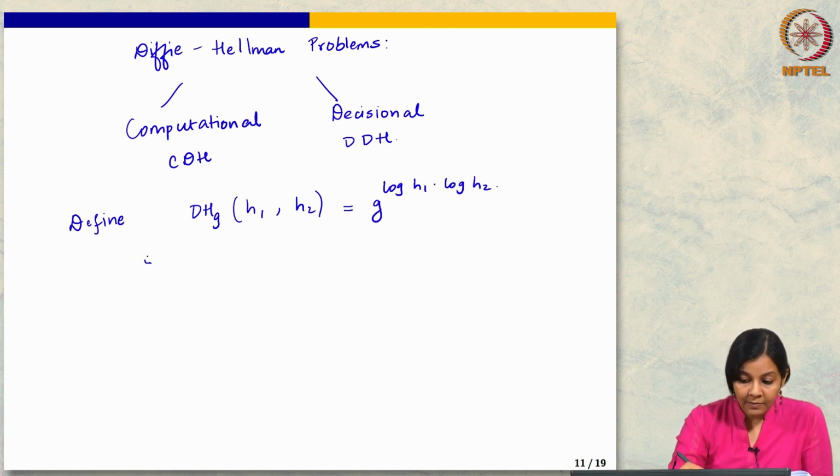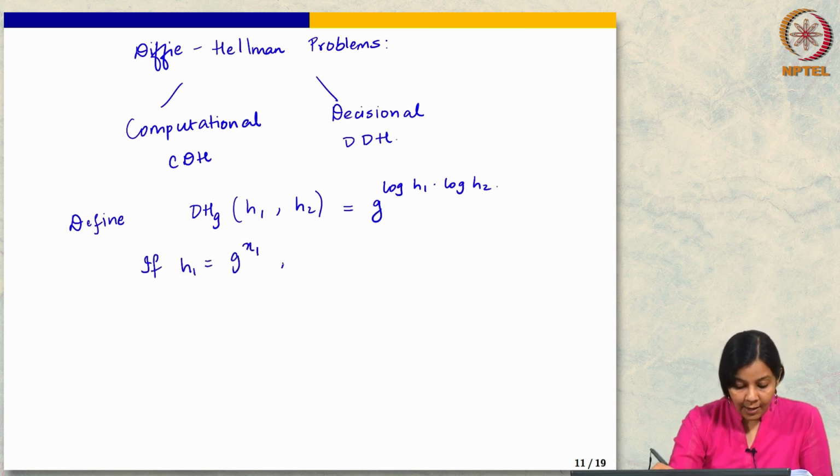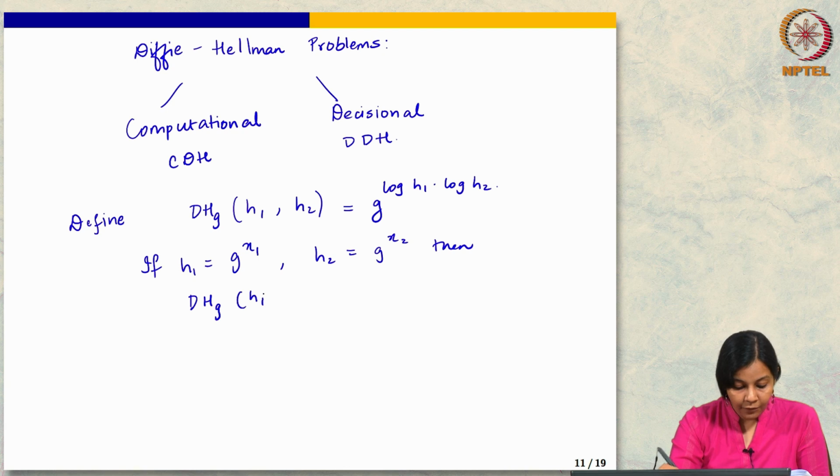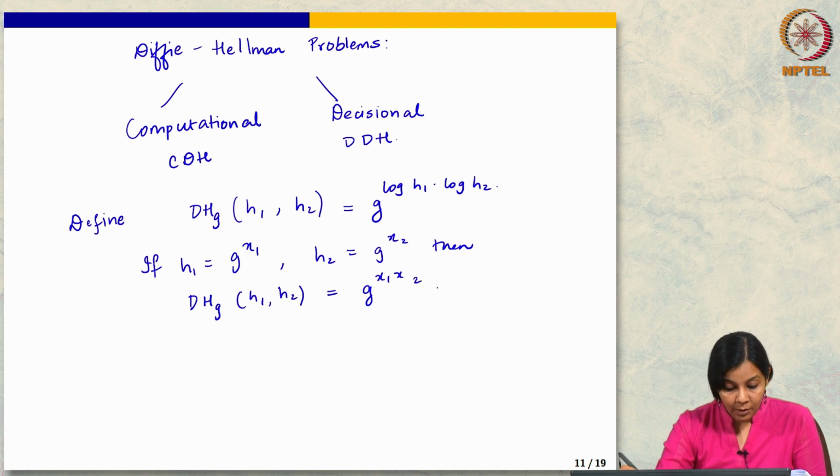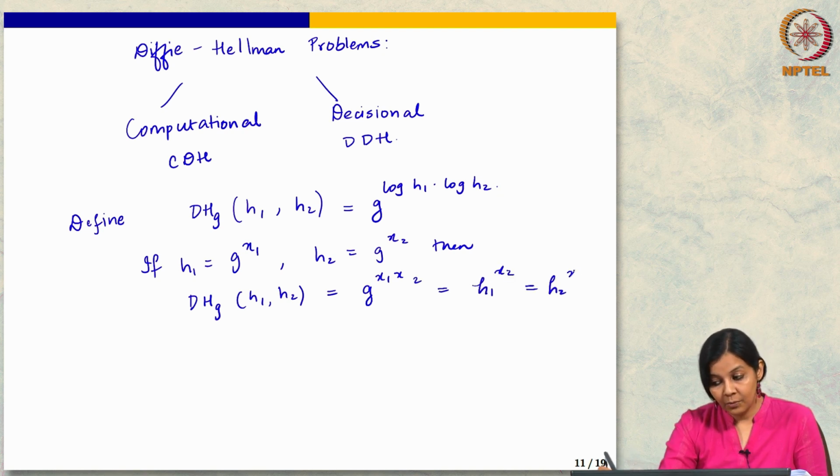So, what this means is that if h1 is g to the x1 and h2 is g to the x2, then DH_G of h1, h2 is nothing but g to the x1 x2. In particular, this is h1 to the x2 and this is h2 to the x1.